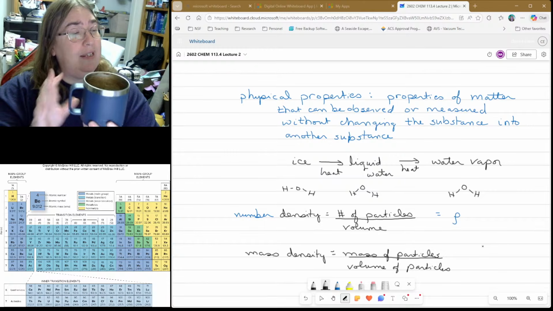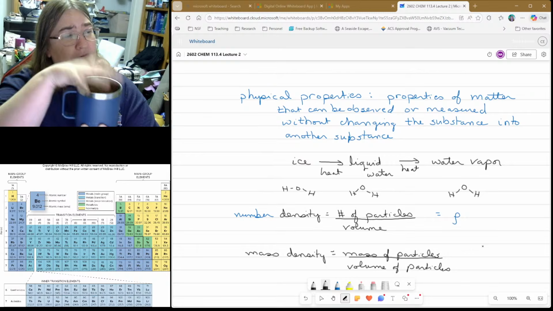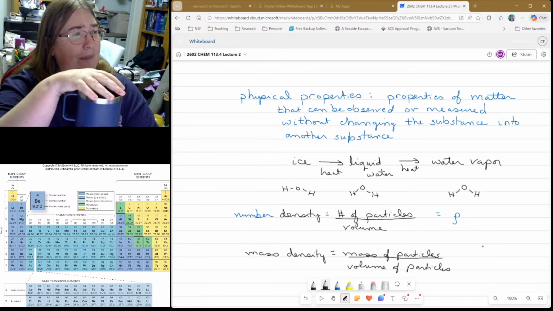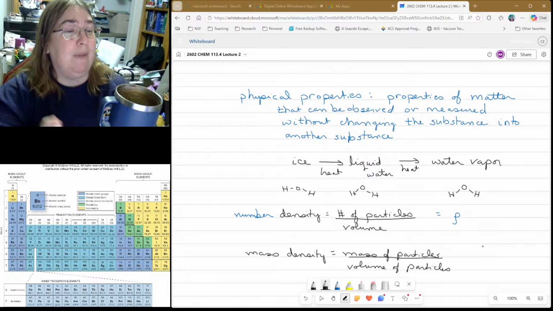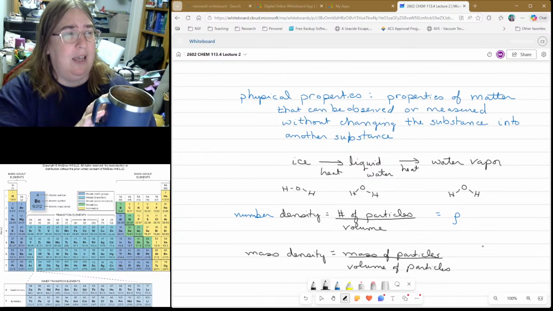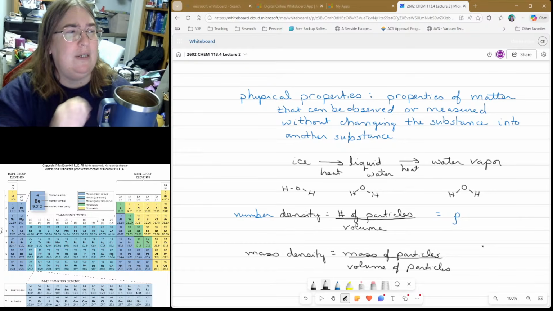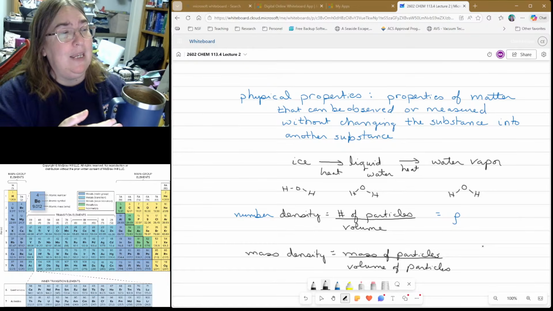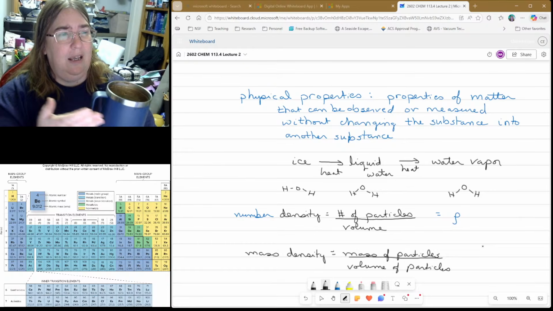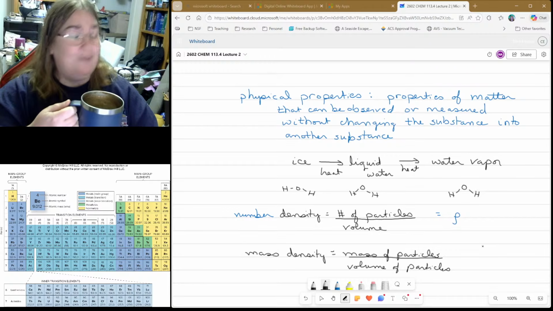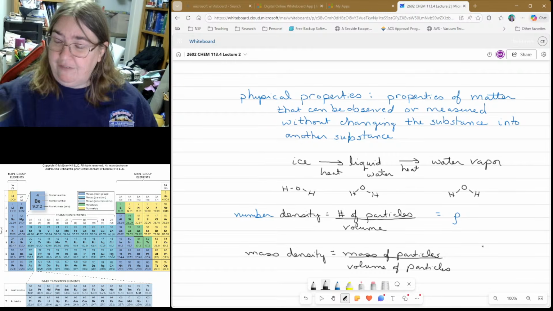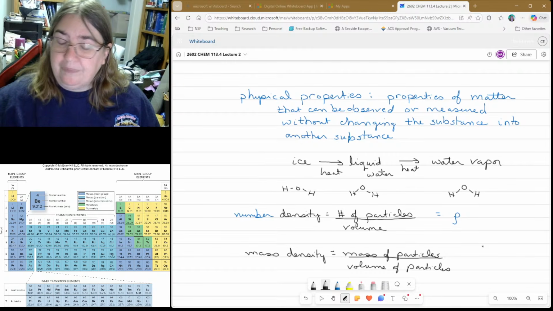I could talk about the density of this cup. I'd have to know the volume of steel in this cup, and then I would weigh it, and that would give me the mass, and then I would divide the mass by the volume of steel in this cup. Not the volume of the cup, but the volume of steel in it. And that would give me the density of the steel alloy, and that would allow me to determine what alloy of steel my coffee cup is made out of.